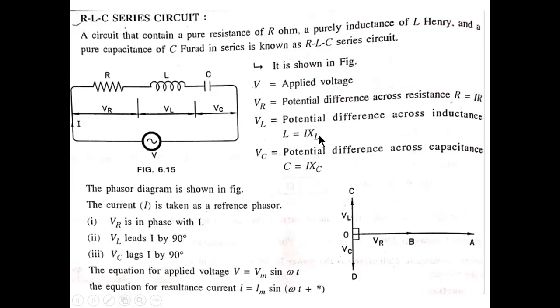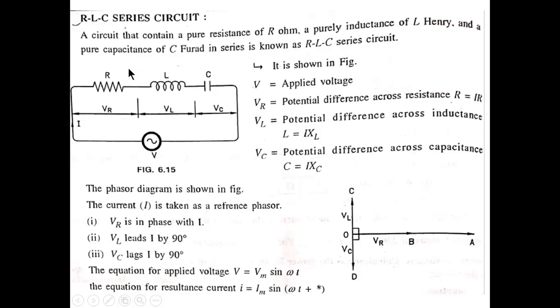XL is known as inductive reactance, it is the opposition offered by inductance to flow of current. VC, potential difference across capacitance, is given by I into XC, XC is known as capacitive reactance, opposition offered by capacitance to flow of current. The unit of XL and XC are ohm.